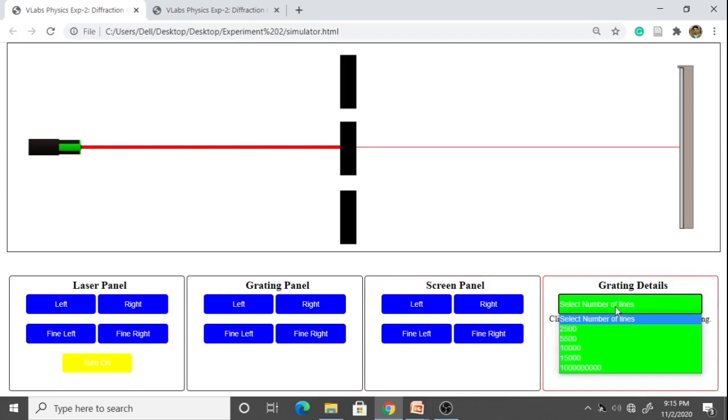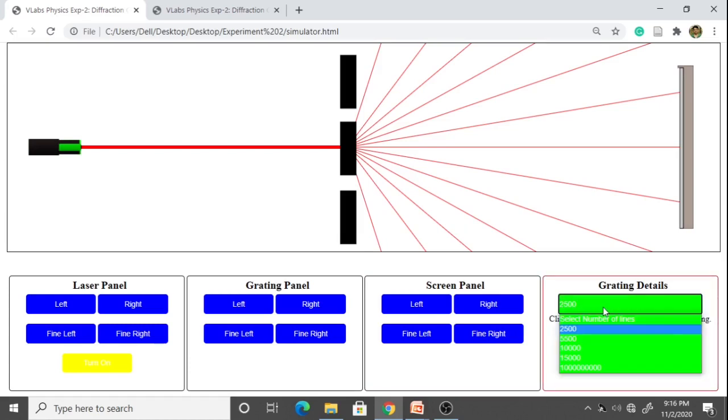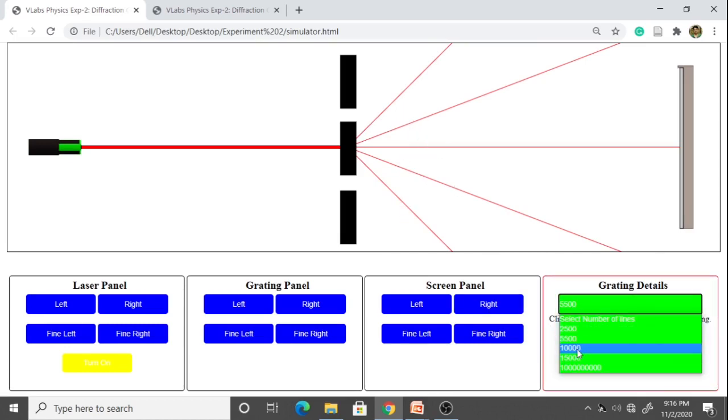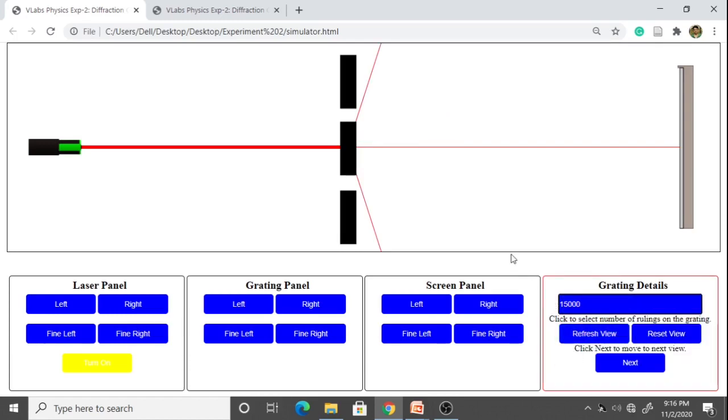If I select this, I will have these many diffracted beams. If I change it to 5500, then the number of diffracted beams changes. Similarly, I can go for 10,000 and for 15,000. You can see the diffracted beams are not only changing in number, but the angle of diffraction is also changing.